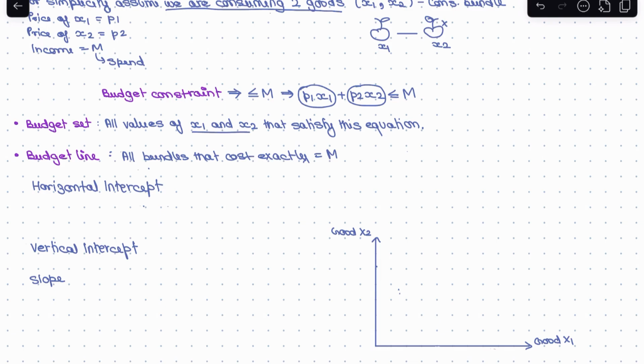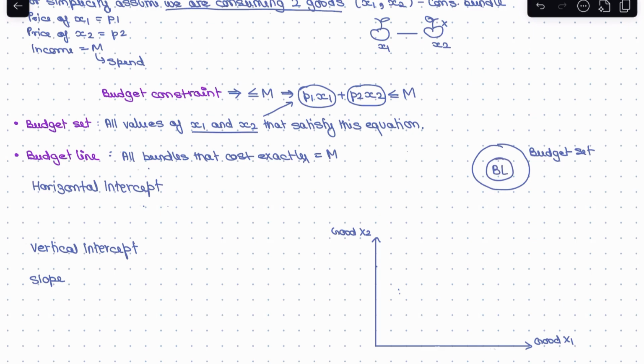All the bundles, that is, the combinations of X1 and X2, that satisfy this budget constraint make the budget set. Now, what is a budget line? Budget line can be seen as a subset? No, actually, budget line is a subset of the budget set.